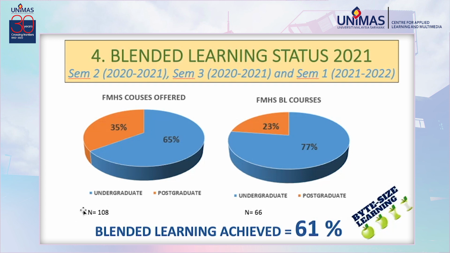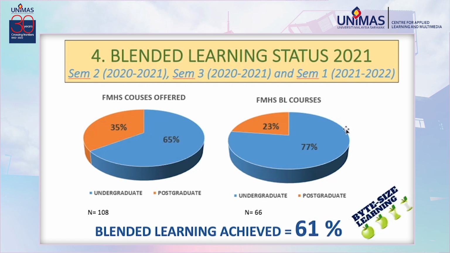Out of these 108 courses, the majority were undergraduate courses, and the remaining 35% were postgraduate courses. Now, based on this breakdown of 65% and 35%, how many did we achieve blended learning? Only 66. Roughly two thirds of the courses achieved blended learning status.